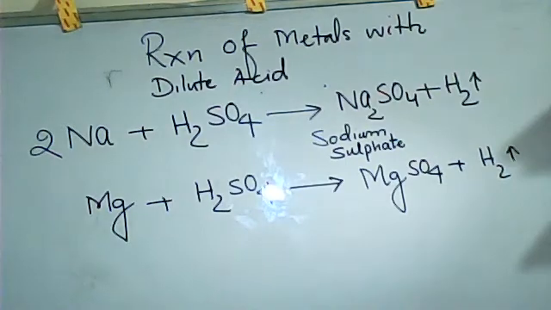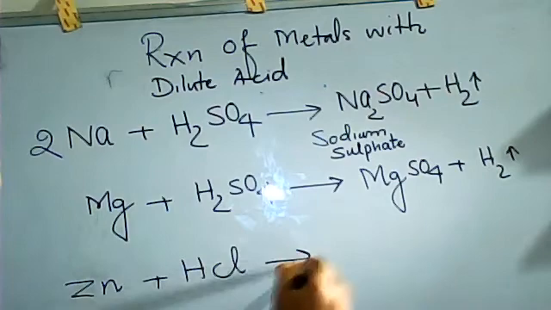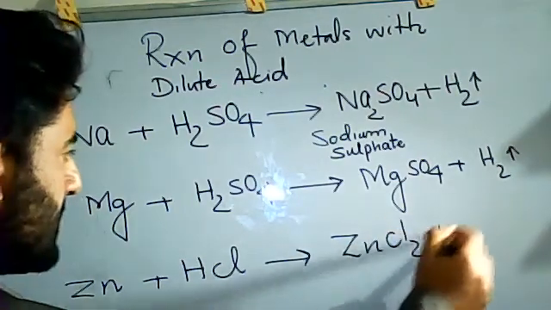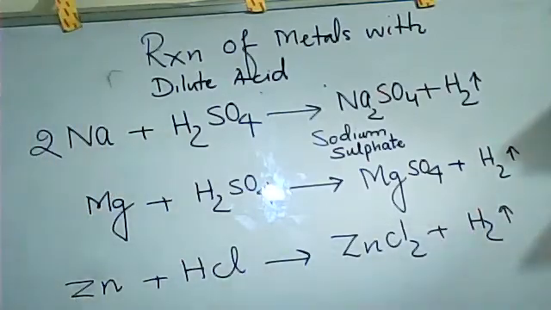So if we take zinc, zinc is less reactive than these two. Now, if zinc reacts with an acid like hydrochloric acid, the salt formed will be ZnCl2 plus hydrogen gas. Okay, dear, ZnCl2, and there will be liberation of the hydrogen gas.